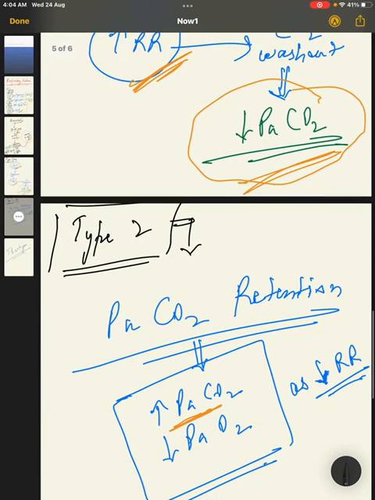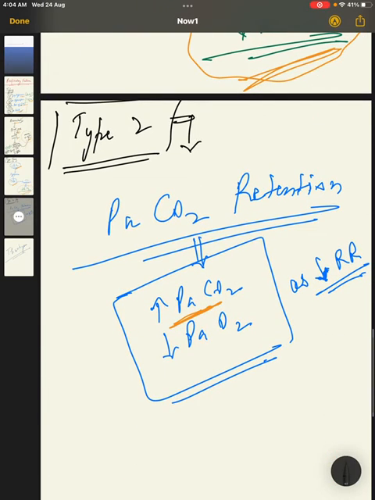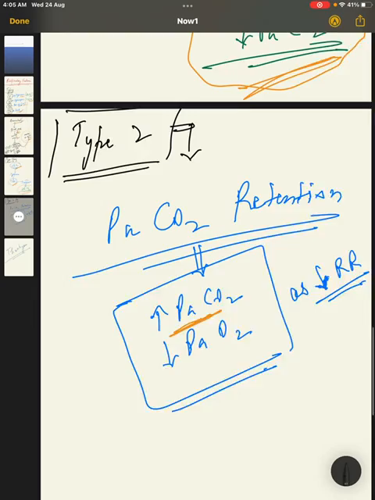So what happened in type 2 respiratory failure? CO2 retention will occur, with an increase in the partial pressure of CO2. As the compensatory tachypnea is not occurring in this patient, that will lead to a decrease in the partial pressure of oxygen also. So why is the compensatory tachypnea not occurring in type 2 respiratory failure?